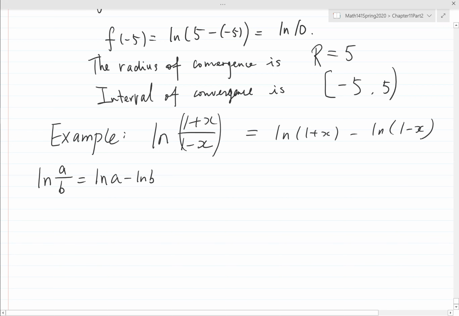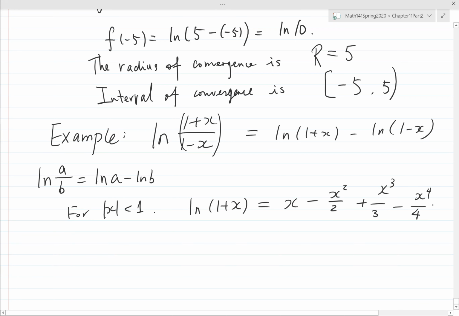For x bounded by 1, we have this power series representation of ln(1 plus x): the sum of (-1) to the power n minus 1, times x to the power n over n, n from 1 to infinity.